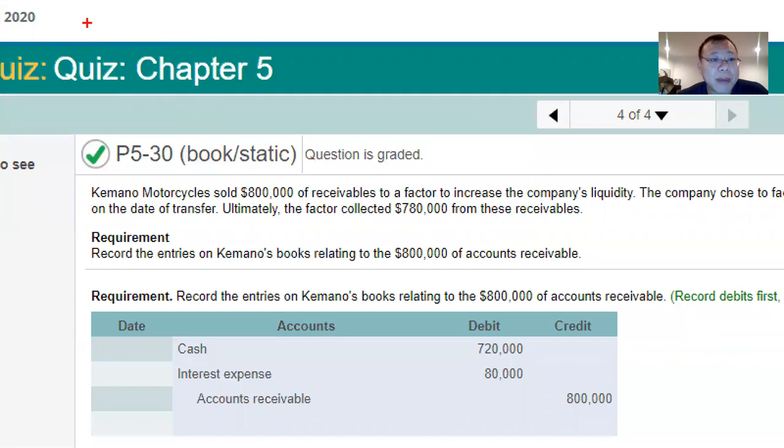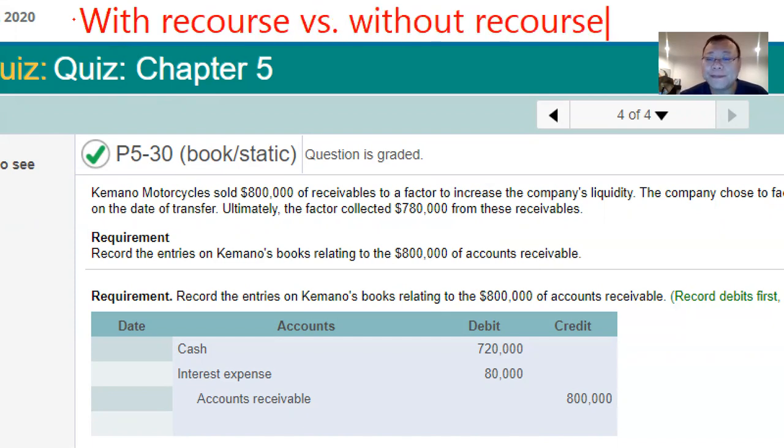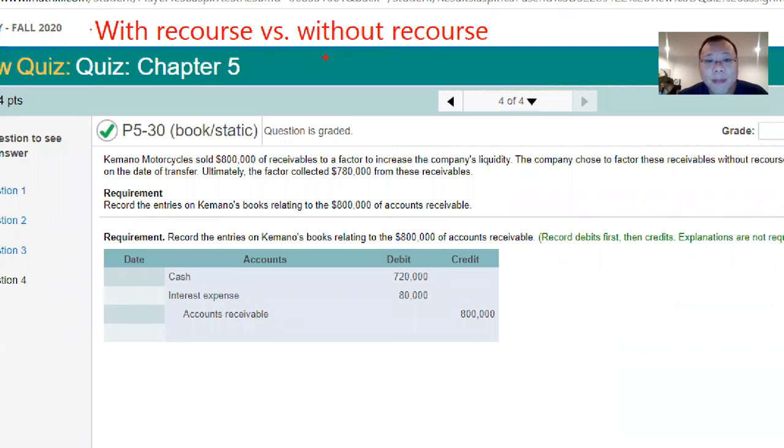Remember, there are two types of transfer. When you transfer AR to a factor, there are two types: with recourse versus without recourse. For without recourse, if the factor cannot successfully collect the AR, they will not come back to you.